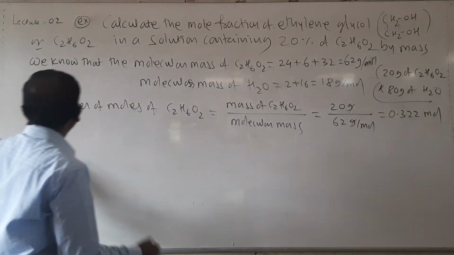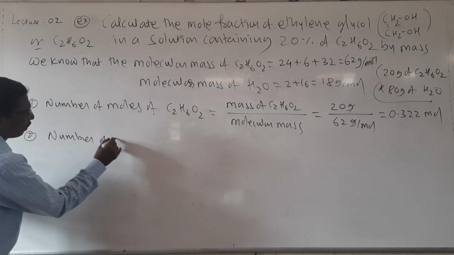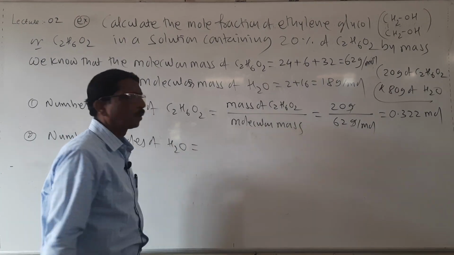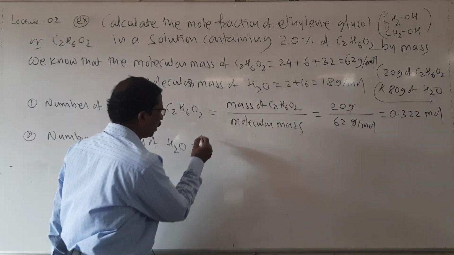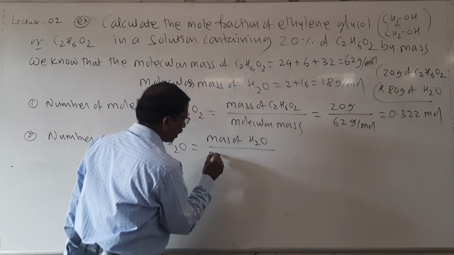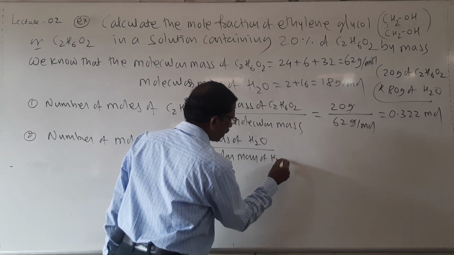And now the second point: number of moles of water is equal to mass of water divided by molar mass of water, H2O.